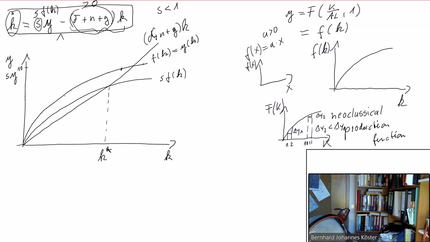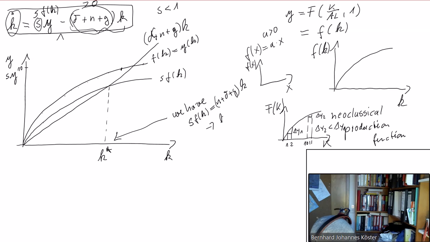So here we have S times f of k equals n plus delta plus g times k.